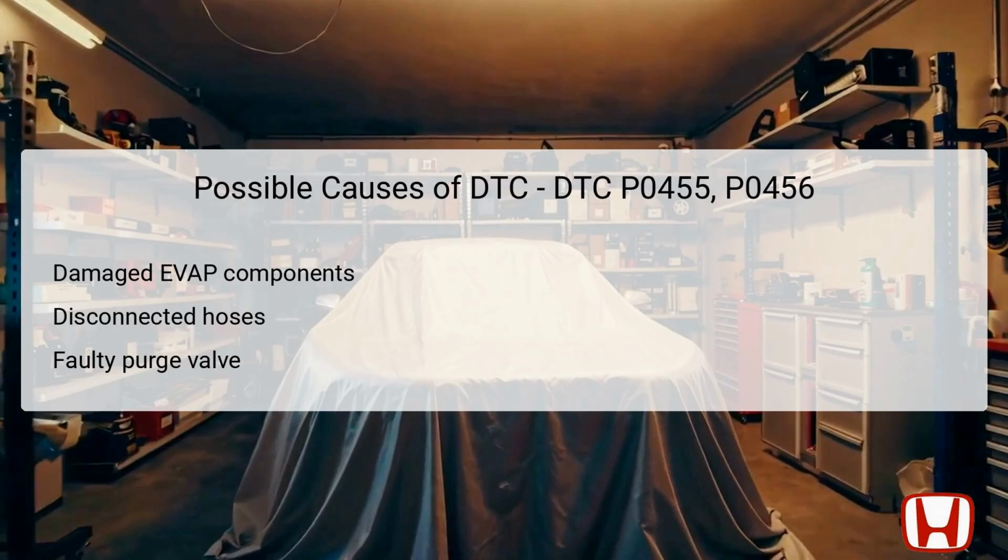A faulty EVAP canister purge valve, which regulates the flow of vapors to the engine, can also contribute to incorrect pressure readings. Furthermore, any issues with the fuel tank vapor recirculation system could provoke these DTCs. Careful inspection of these elements is crucial for accurate diagnosis and resolution.